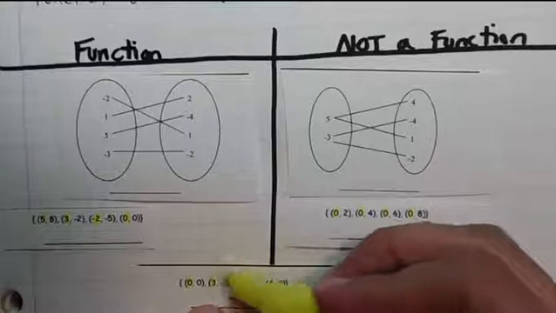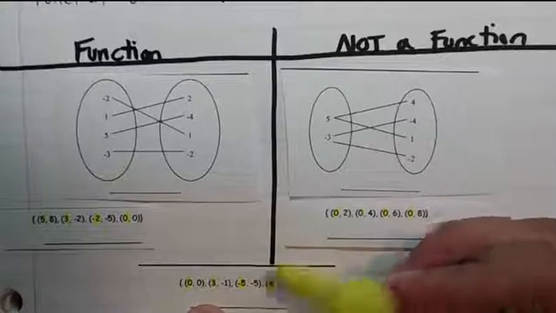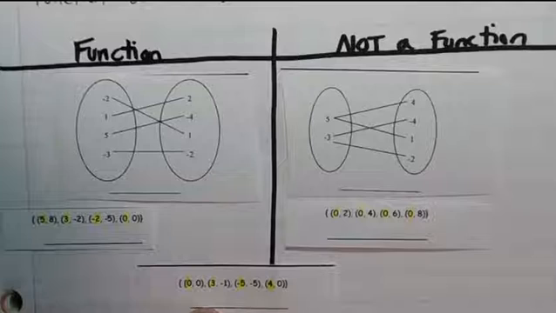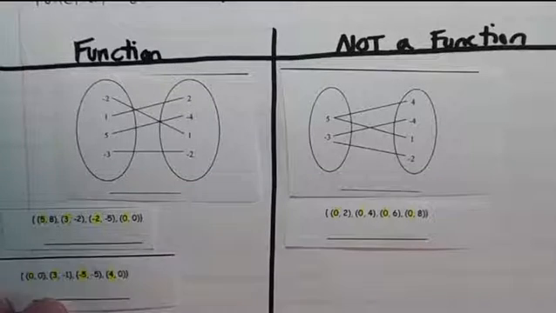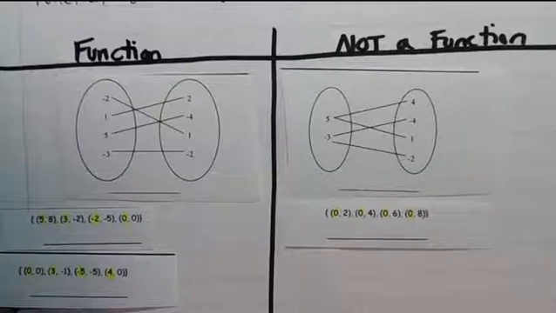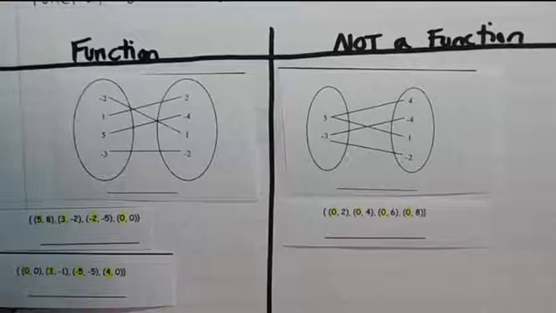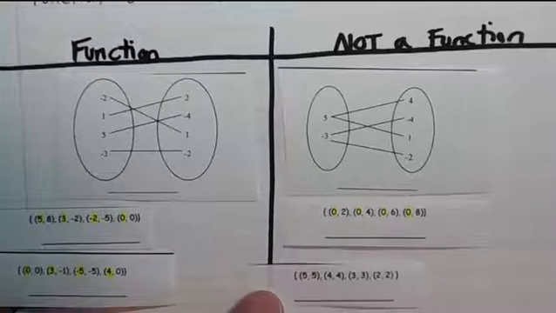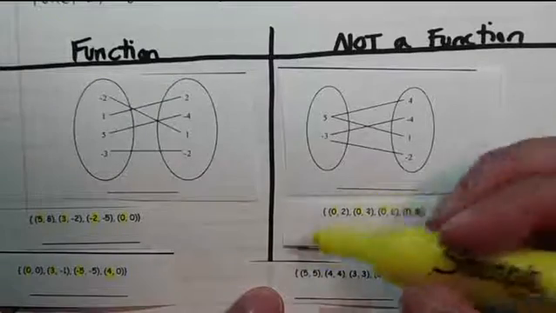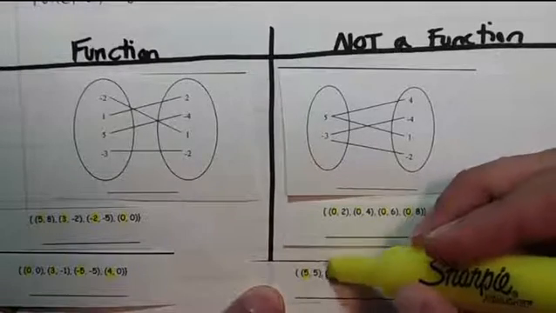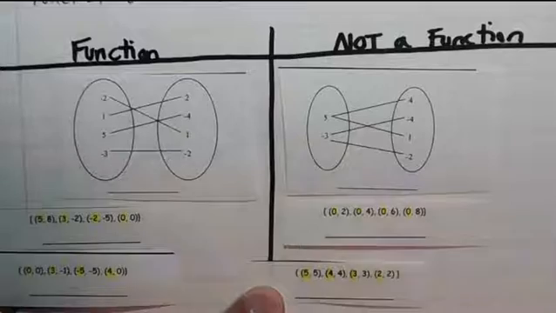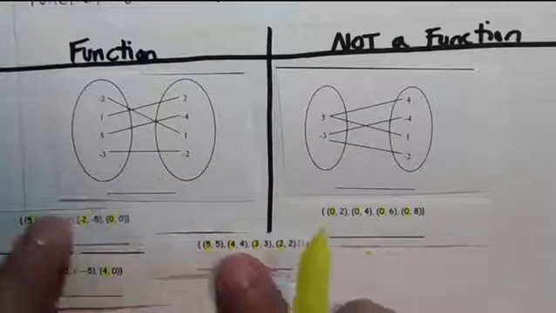Again, if I just look at the x values, whether you highlight or circle, I have 0, 3, -5, and 4. They're all different, which means that would go on the function side. The next one that I have is 5, 5, 4, 4, 3, 3, 2, 2. Again, I'm just looking at the x values, and that one should also be on the function side.